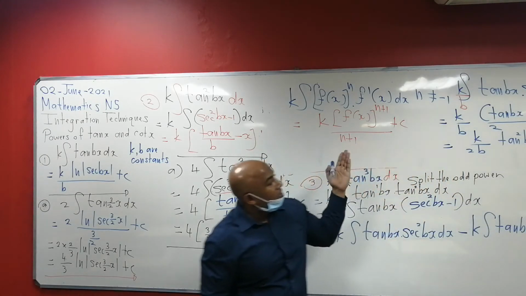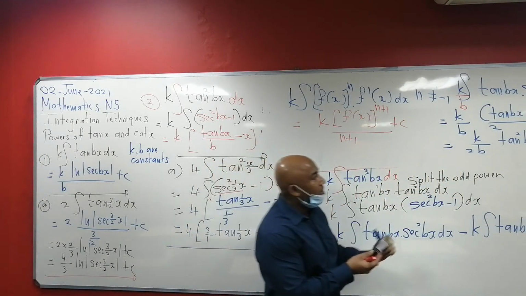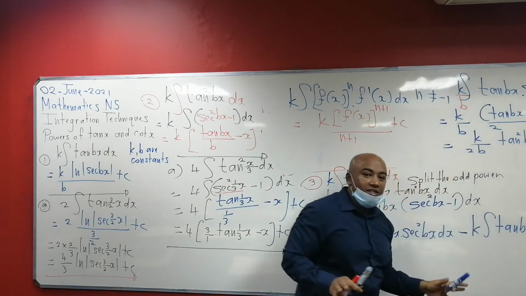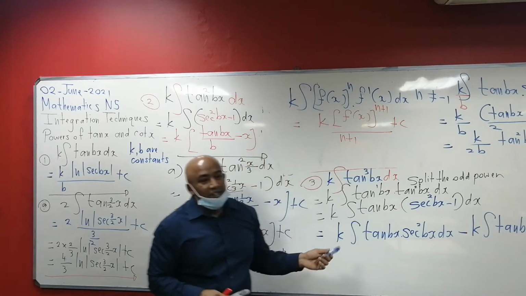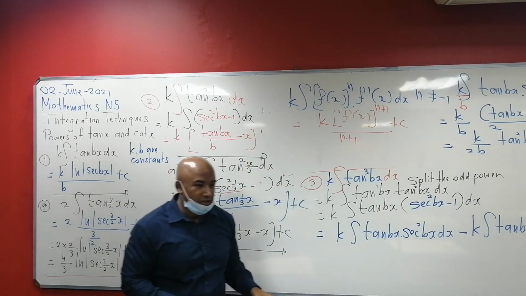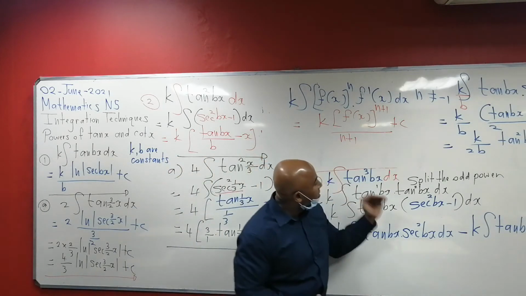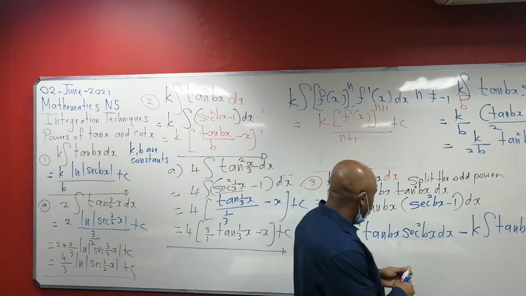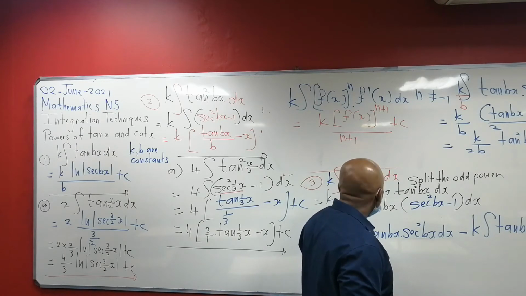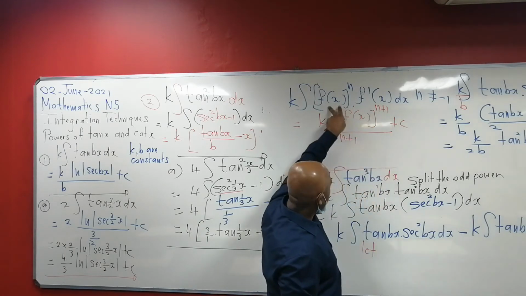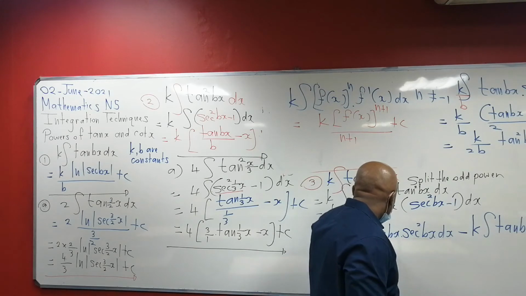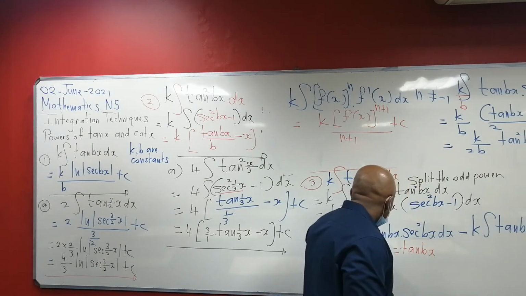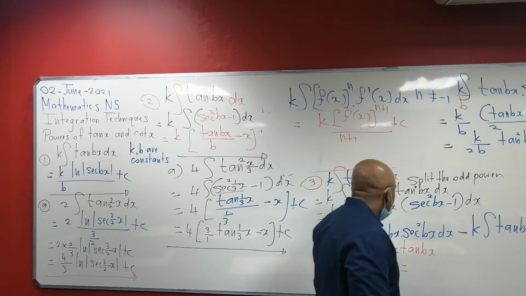But now most people have a problem with doing inspection. The problem is when it comes to cancelling your fractions here. So the safer way to do it is your u substitution. You cannot go wrong with u substitution, as long as you know what to let u equal to. So in this case, what will I let u equal to? Obviously, always let u equal to f of x. So I'm going to say let u equal to tan bx. Then you're going to find du over dx.